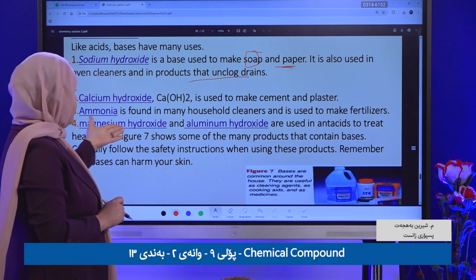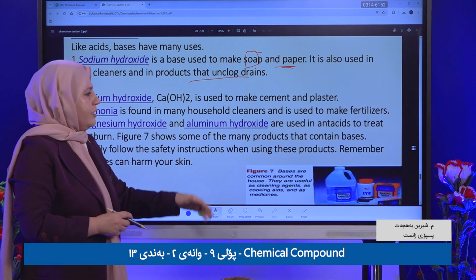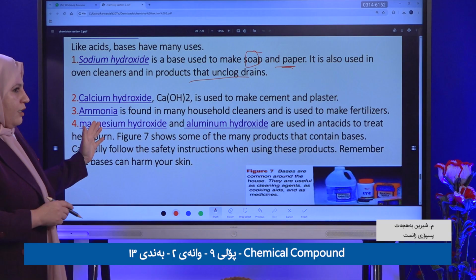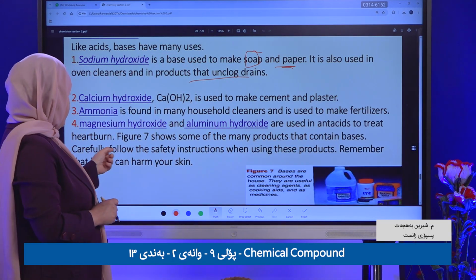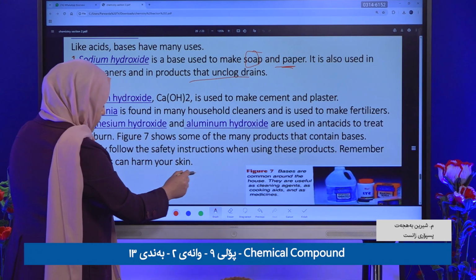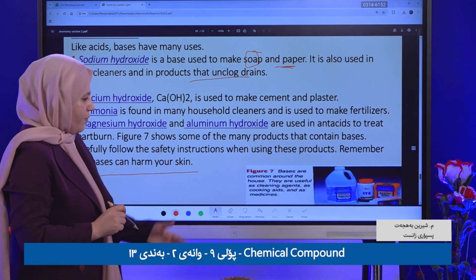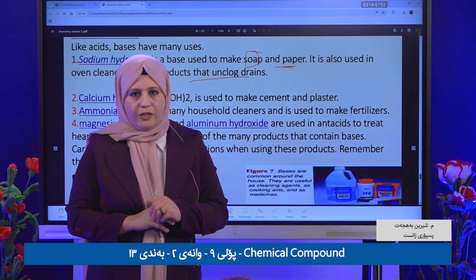What about magnesium hydroxide and aluminum hydroxide? They are used in antacids. Remember, they are very harmful, so touch them very carefully.